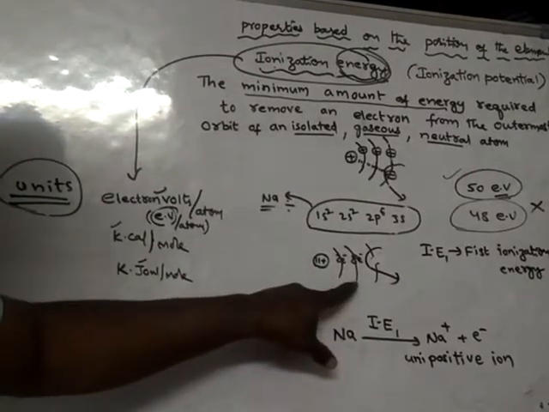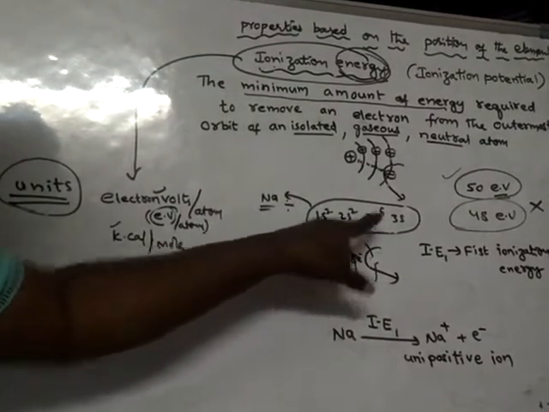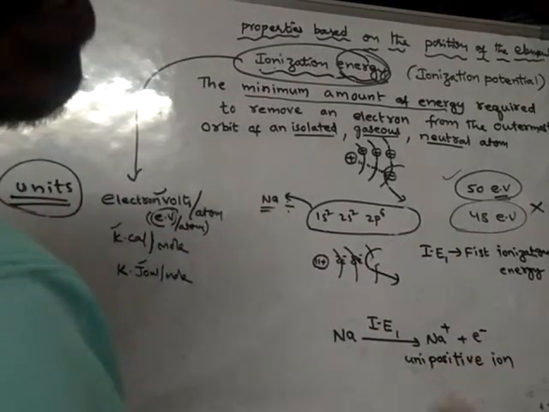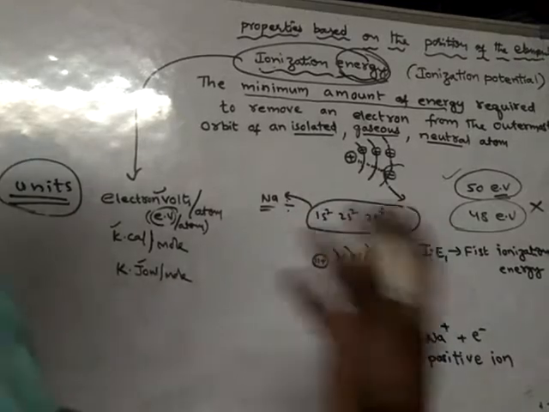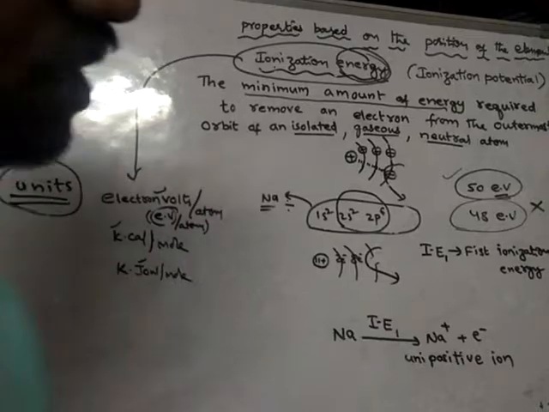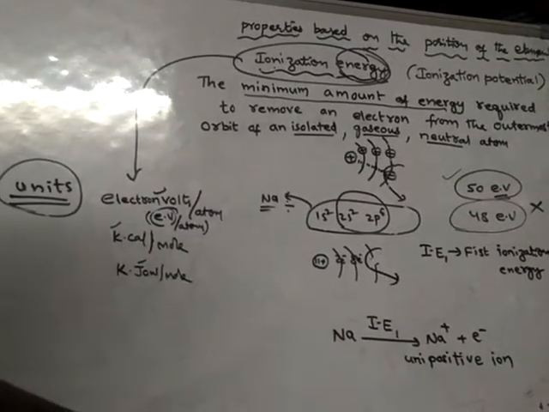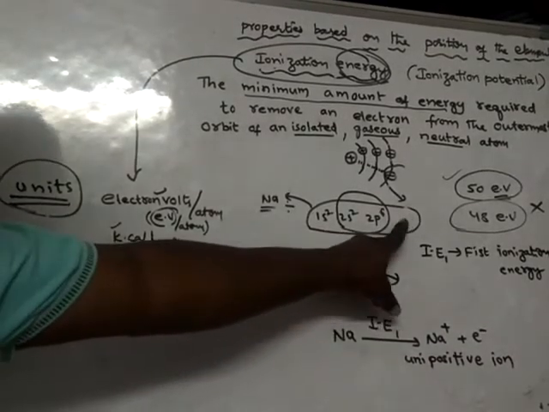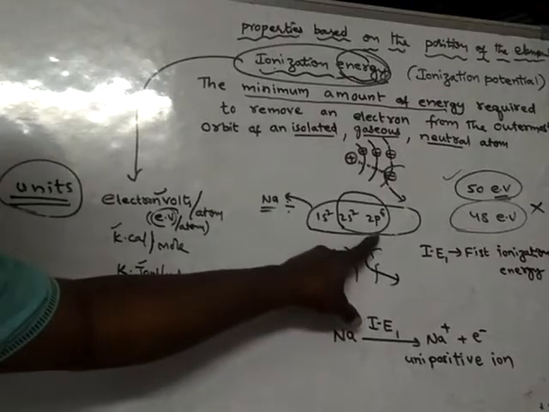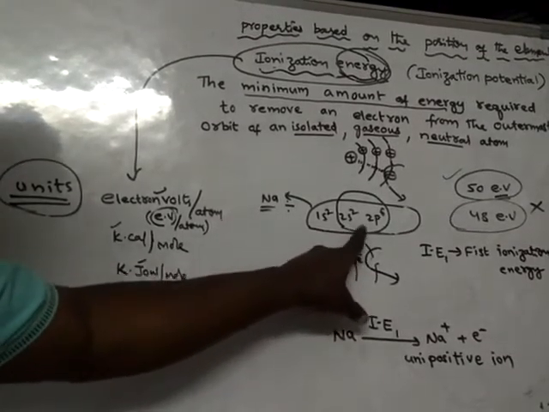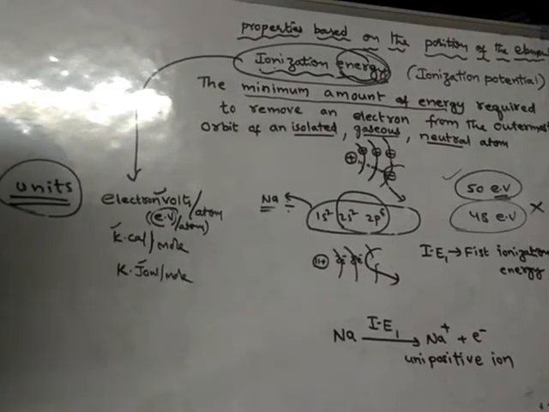This is the configuration after removal of the electron. Now the second orbit is treated as the outermost orbit, and as the outermost orbit is having 8 electrons, now this will be stable.